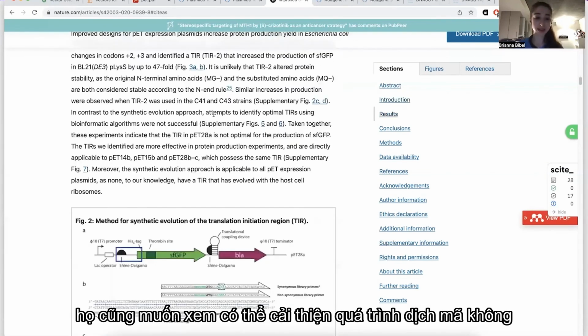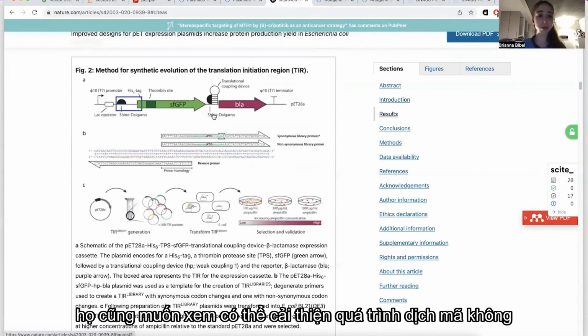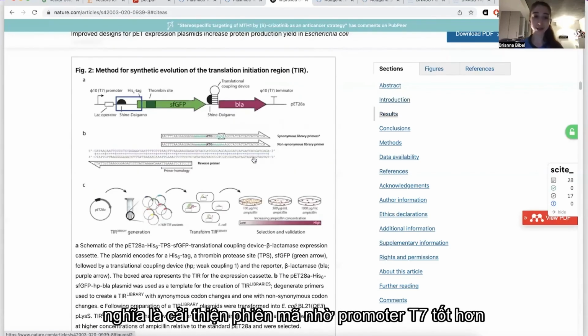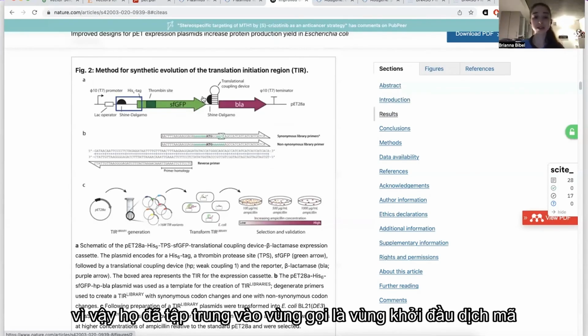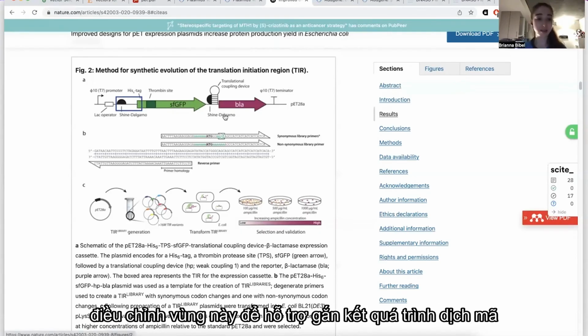They also wanted to see if they could improve the translation. So that would improve the transcription by having a better T7 promoter, but then the ribosome also has to do a good job at really getting hooked on and making the protein. So they took this region called the translation initiation region, which helps with coupling it to the translation.